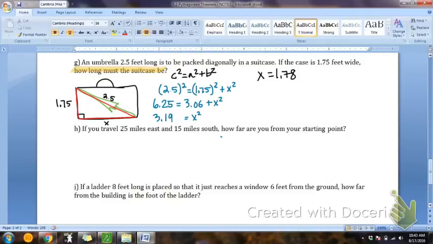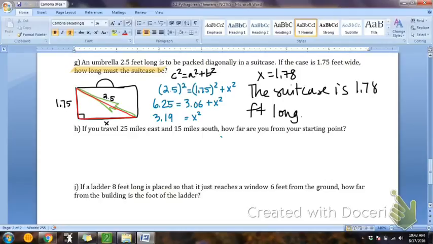Perfect. Except we would use the word long, but yes, you're right. So the suitcase is 1.78 feet long. Okay? Questions on that?